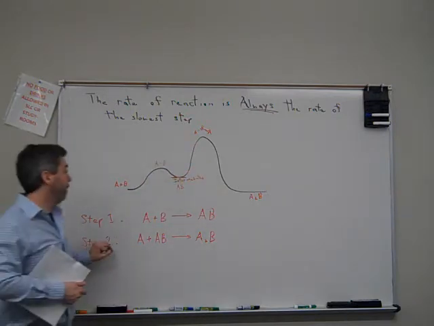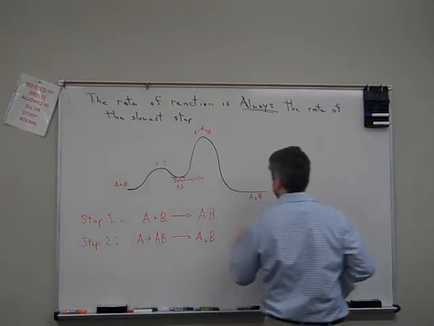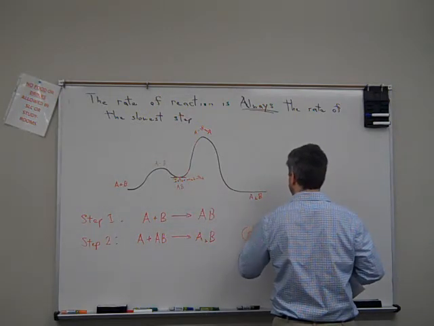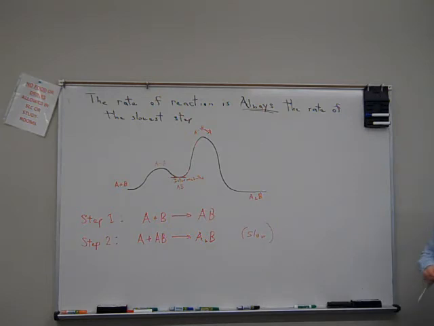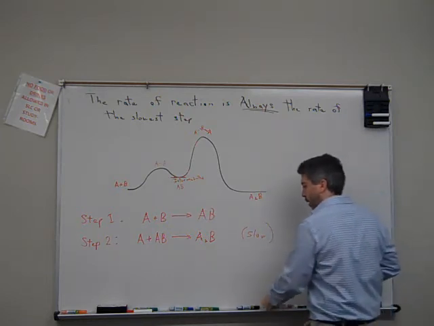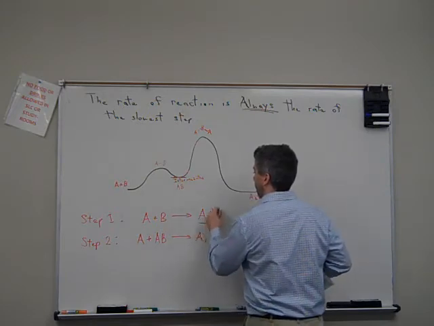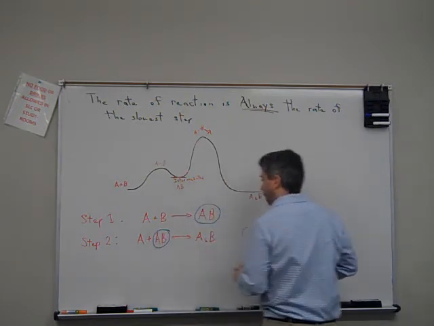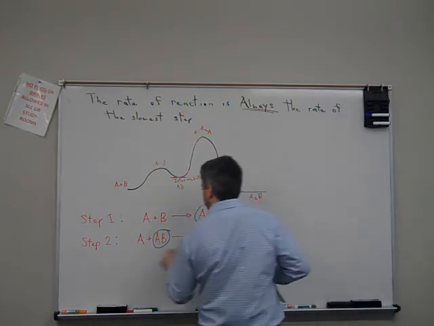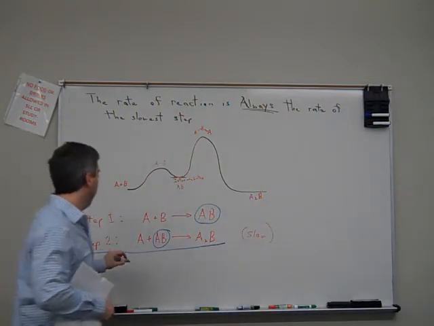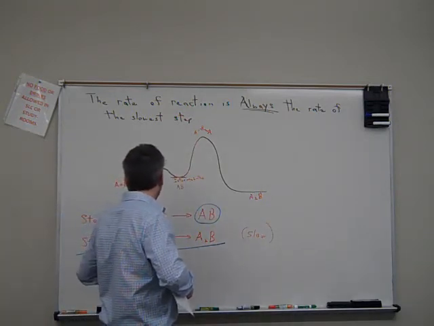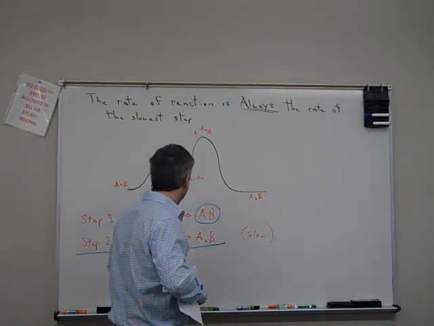So the second step here is the slow step, and it's the slow step because it has the higher activation energy. Now, the intermediate here is AB, because you notice that if I add these reaction steps together, I get 2A plus B goes to form A2B.